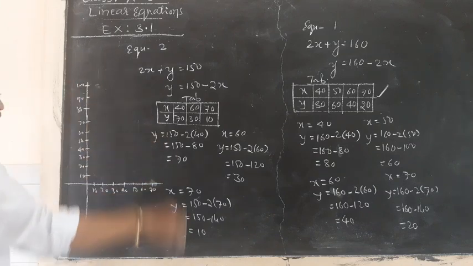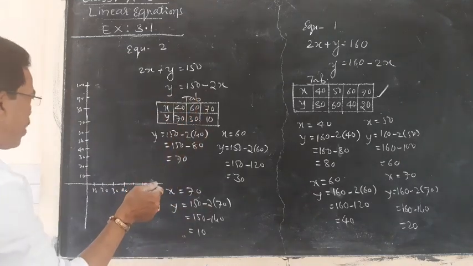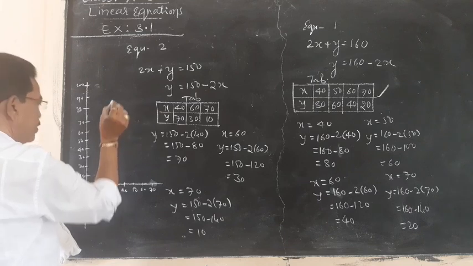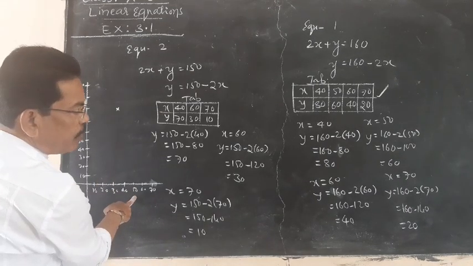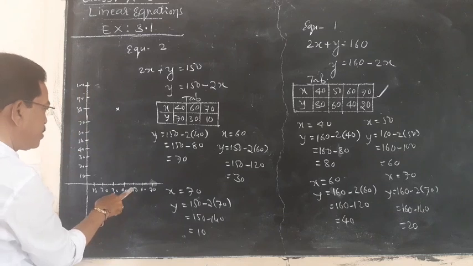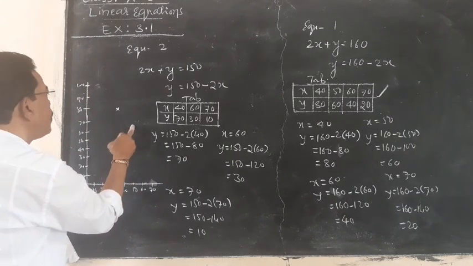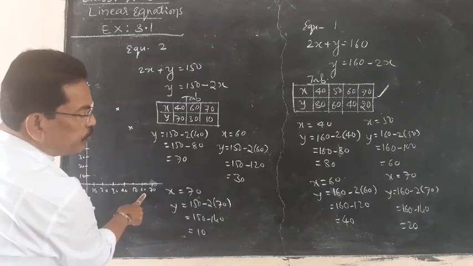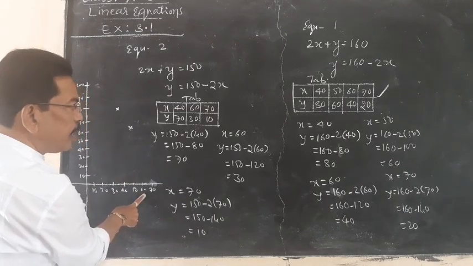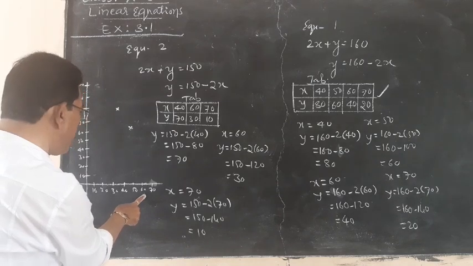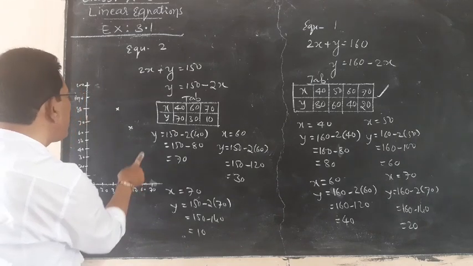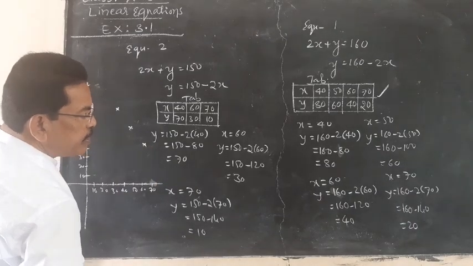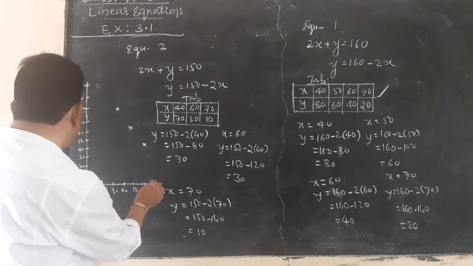X equals 40, y equals 80, here we get. Then x equals 50, y equals 60, we get here. X equals 60, y equals 40. Then x equals 70, y equals 20.